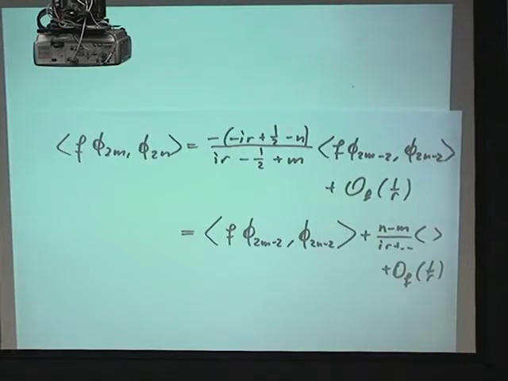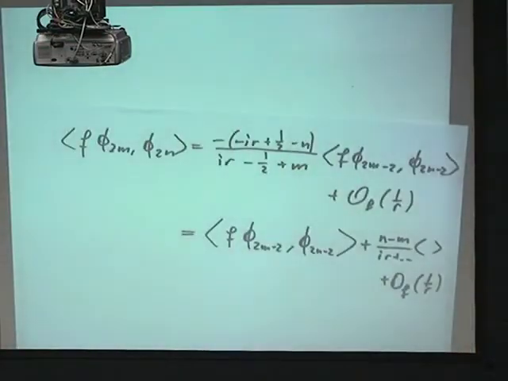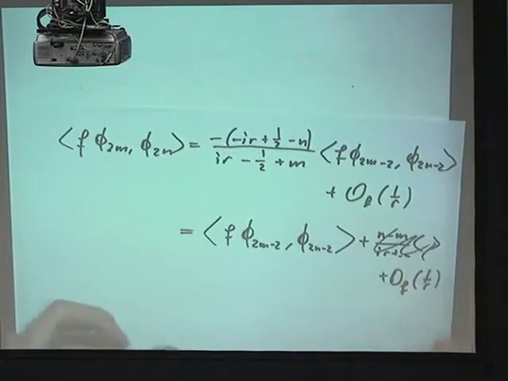And because of this product relationship between an and am, if n and m are further apart than the weights that appear in f, everything is 0 and I'm happy. And if n and m are closer together, then n minus m is a constant that depends on f, once more. So this whole term here is again a constant that depends on f divided by r. So this term is the same error term, so I don't have to write it twice.